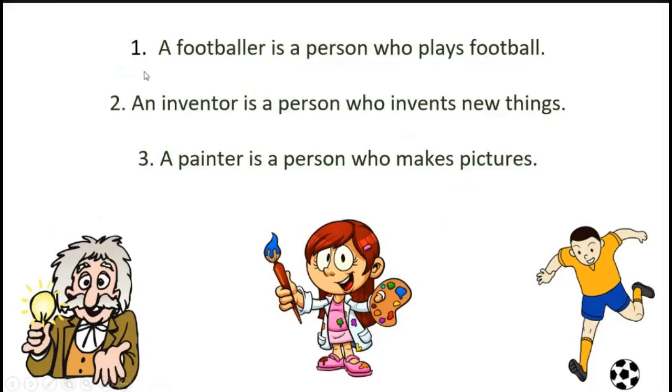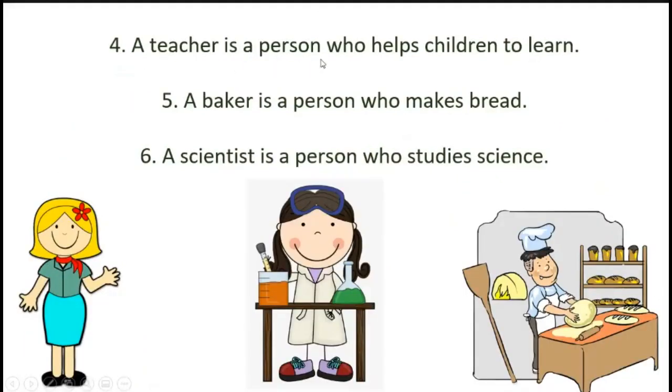Look at the first sentence. A footballer is a person who plays football. That's right. An inventor is a person who invents new things. That's right. A painter is a person who makes pictures. Good job, everyone. A teacher is a person who helps children to learn.